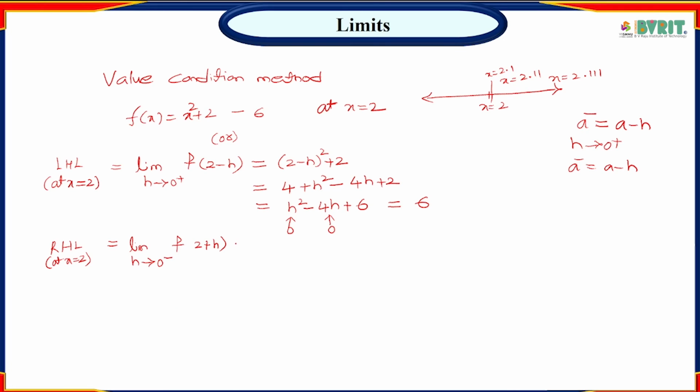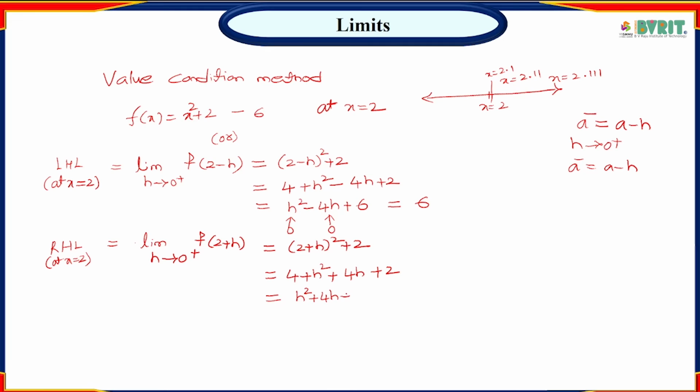That is equal to 2 plus h whole square plus 2. Then that is equal to 4 plus h square plus 4h plus 2. So that is equal to h square plus 4h plus 6.